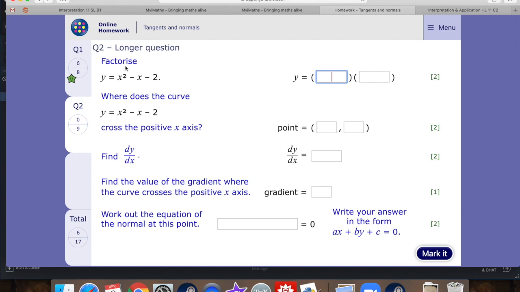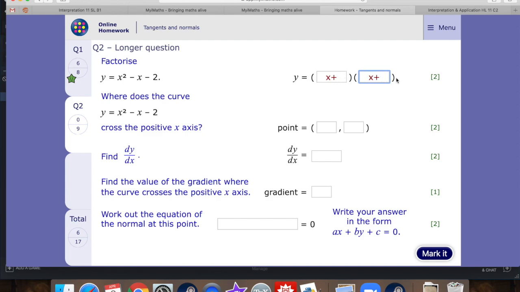Okay, so this one seems like we got a little bit of doing to do here. We got x squared minus x minus 2. All right, so here we have to factor it into 2 different things. It looks like we're definitely going to have x somewhere over here and x somewhere over here, and it's going to be plus something and plus something. All right, so now I need to figure out what 2 numbers.